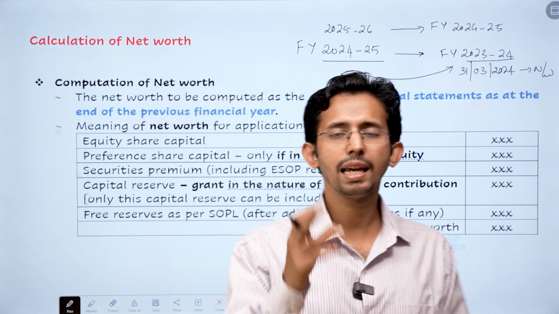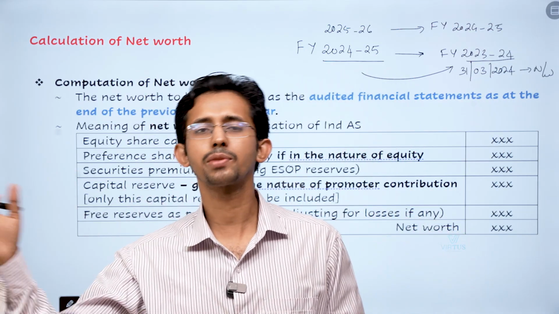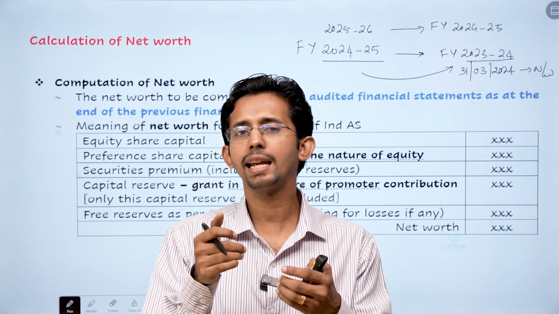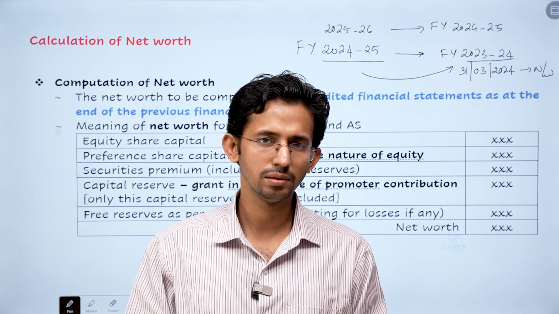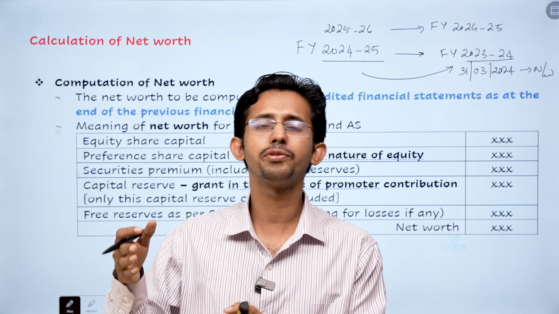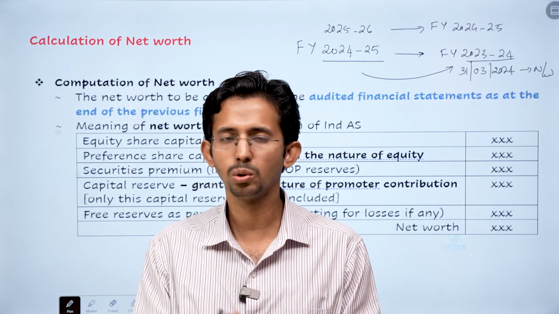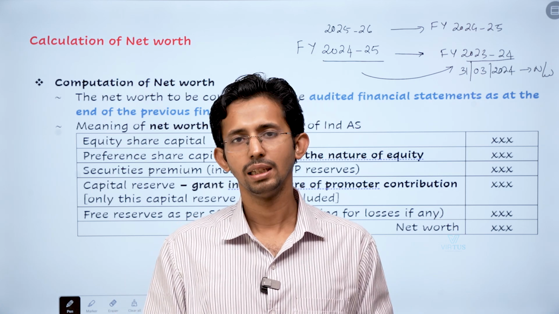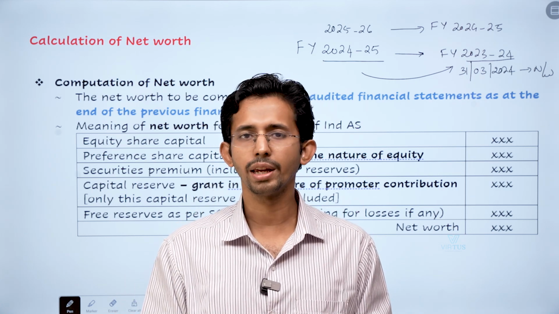Now, why are they always linking it to the previous financial year? Because if you want to apply Ind AS for a particular financial year, you can't just do it on the 31st March of that year. That's not possible, because Ind AS is an accounting regime.